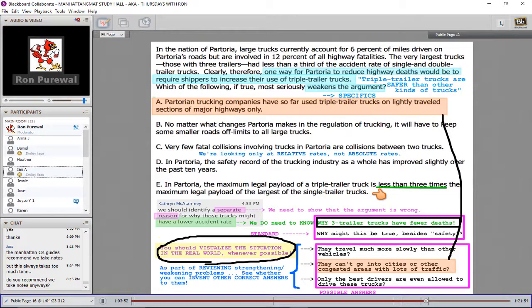People taking tests tend to not reject things that they should reject. But 3 trailer trucks are obviously going to weigh more than 1 trailer truck, so they are obviously going to hold more stuff. Because if they didn't, there'd be no reason to have a truck with 3 trailers on it. So just make sure that you reject interpretations that are absurd.